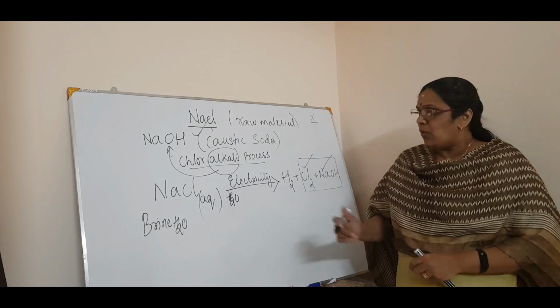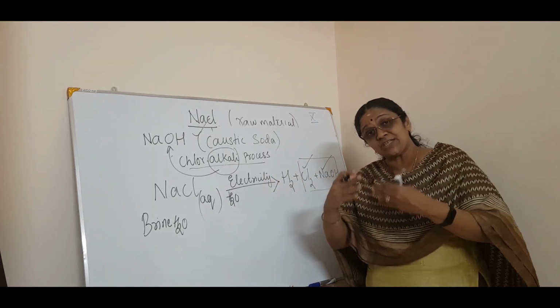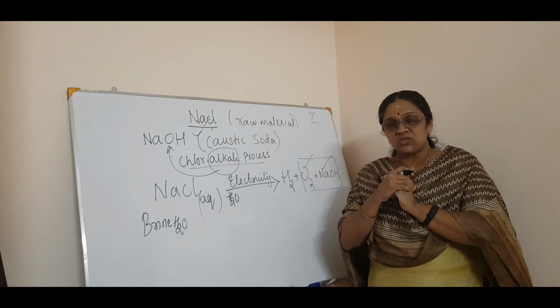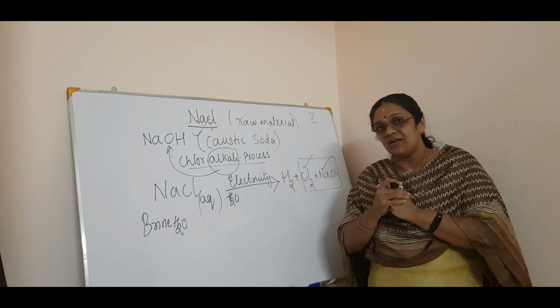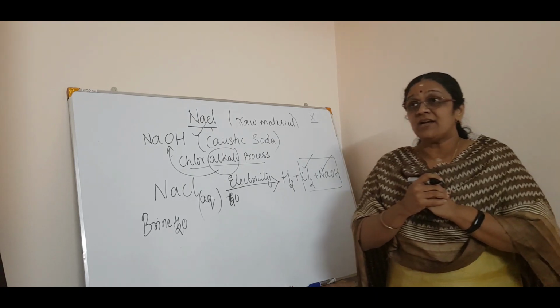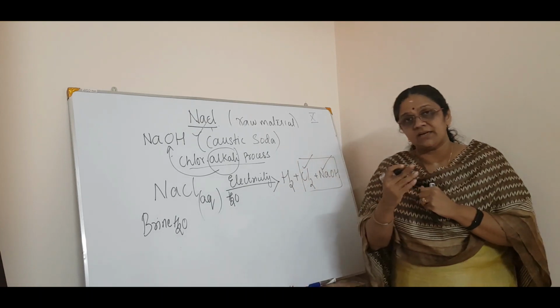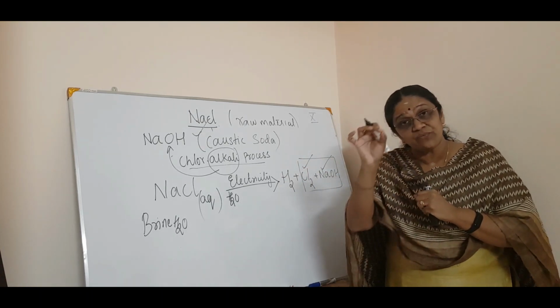Now tell me, what kind of reaction is this? On passing electricity, a reaction is happening, and I have already told you a decomposition happens. You have studied the decomposition of water into hydrogen and oxygen in the presence of electricity.